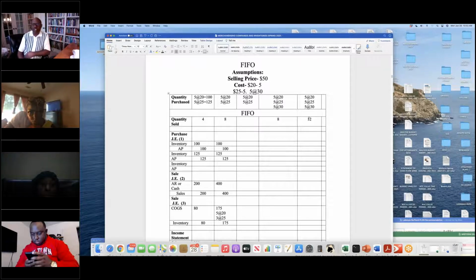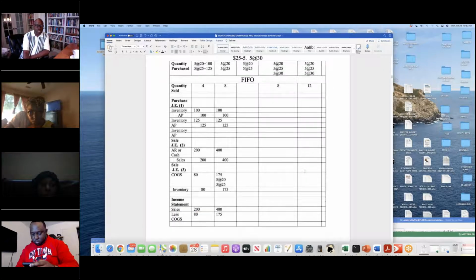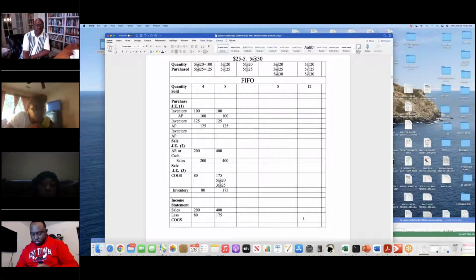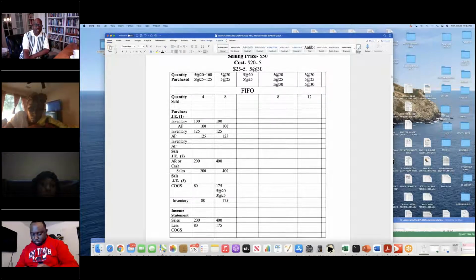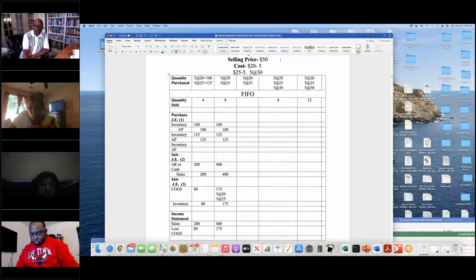So your job is, at this point, to go through this and tell me essentially how much money you made and what's left in inventory, if in the first scenario you sold 8 and in the second scenario you sold 12. And the selling price is still 50. But 5 costs 20, 5 costs 25, and 5 costs 30. So I'm going to give you about 8 minutes or so to work on that.